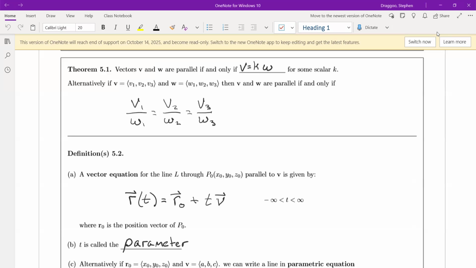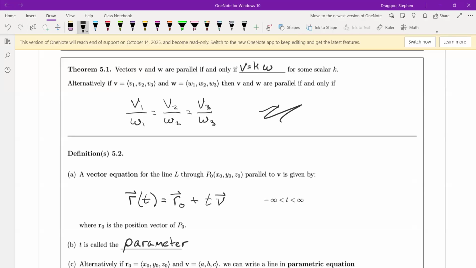But it's got to be the same number each time, and we need to add some extra notation about our denominators not being 0. So w1, w2, w3, all of those need to not be 0 in order for that definition to work. Dividing by 0 is kind of bad.